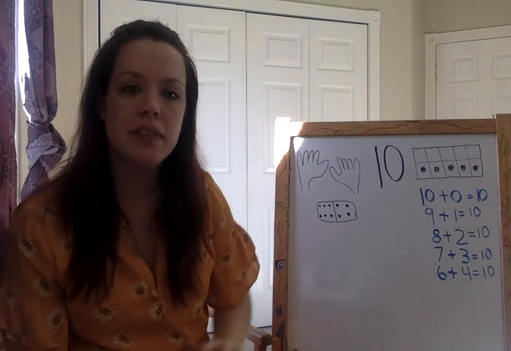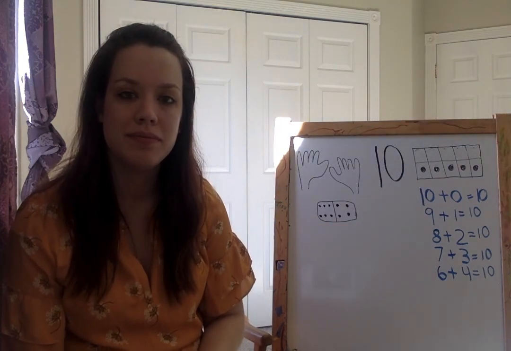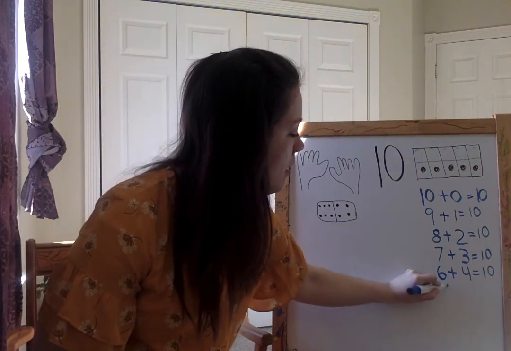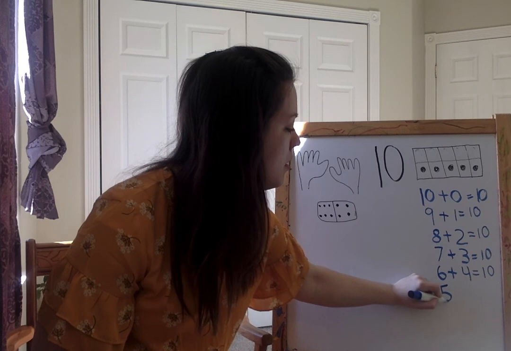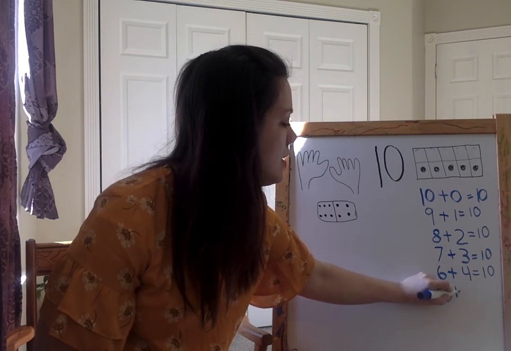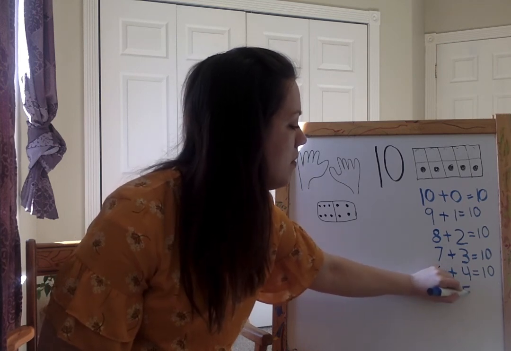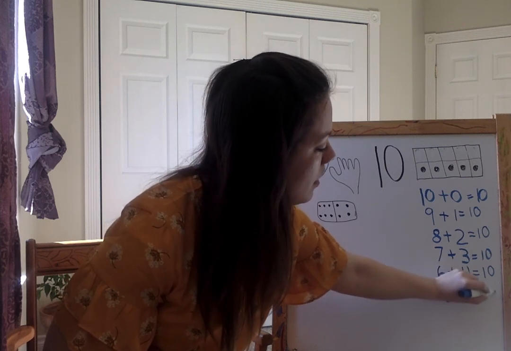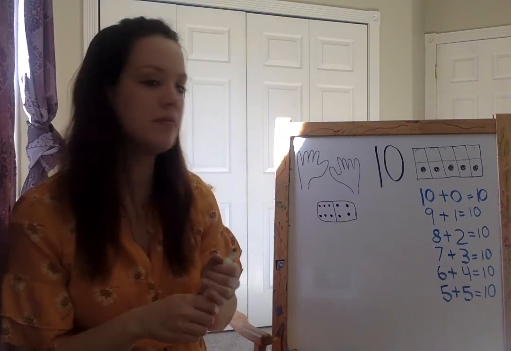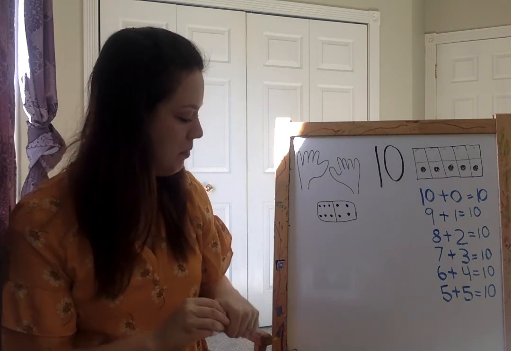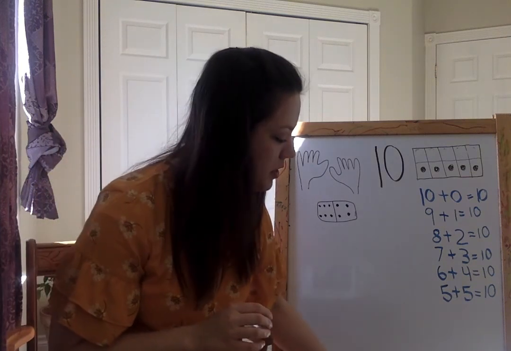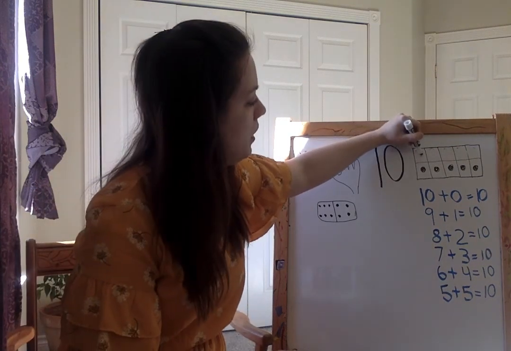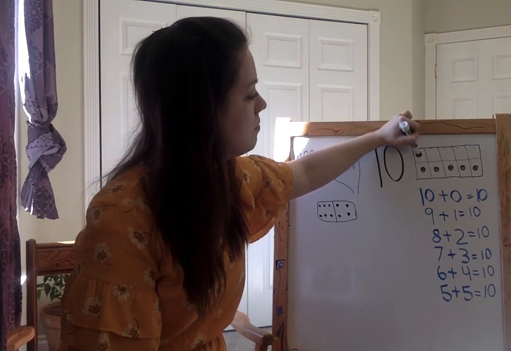How many dots are left on the bottom row right now? That's right, there's also 5. 5 and 5 make 10. All right, I'm going to finish filling in our 10 frame just so that we know what a full 10 frame looks like. And we're going to review our learning for today.